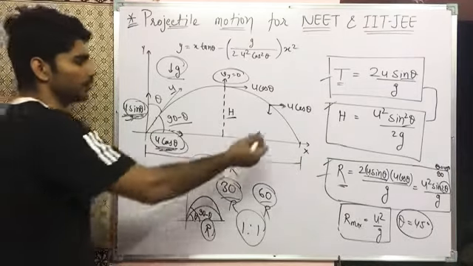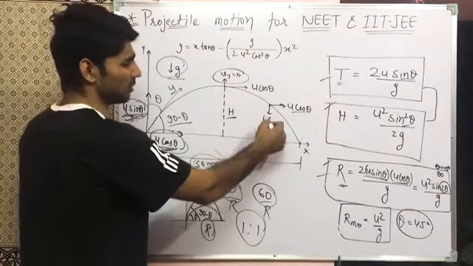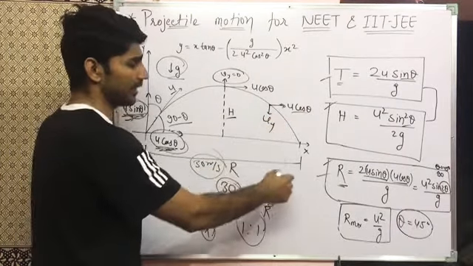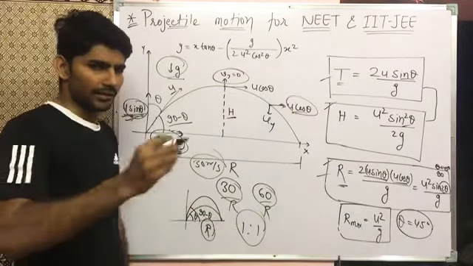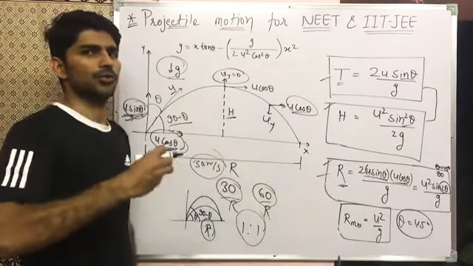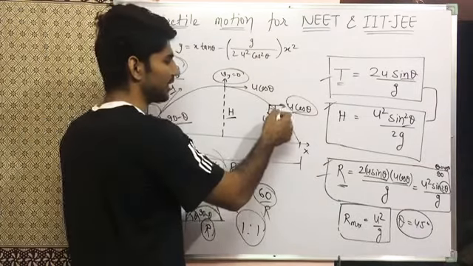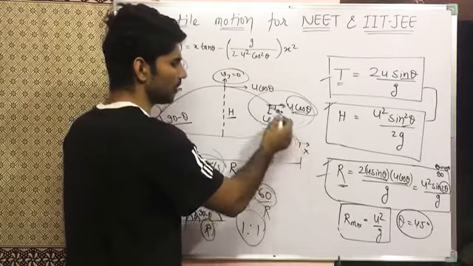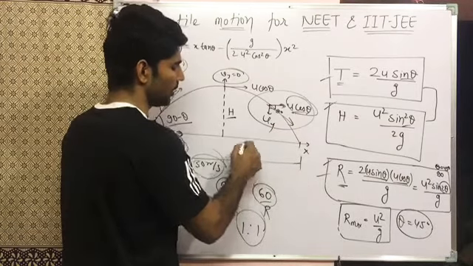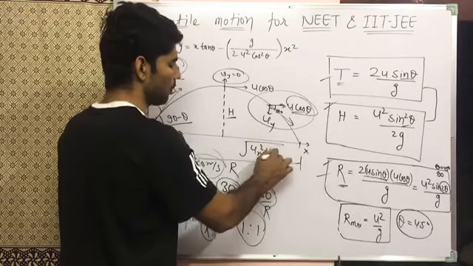Like here you get u cos theta, and you determine the velocity in the vertical direction, u y. But sometimes you are asked to find the actual or exact velocity. At that time just use this angle, which is 90 degrees. So the velocity at any instant will be given as the square root of ux squared plus uy squared.